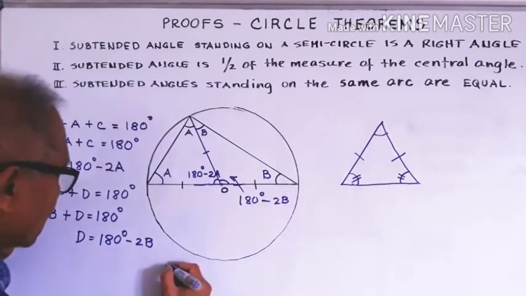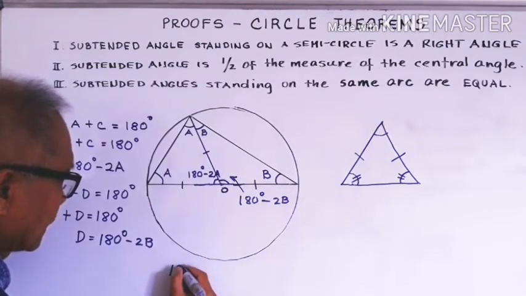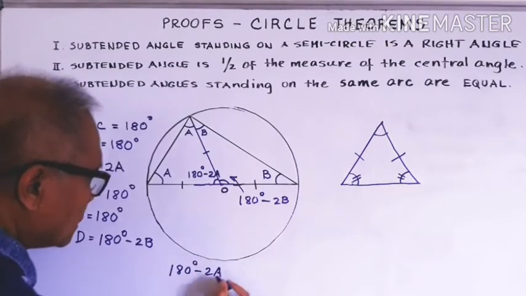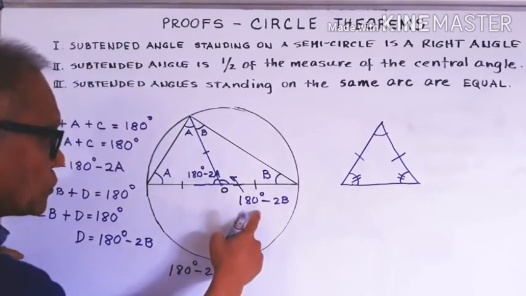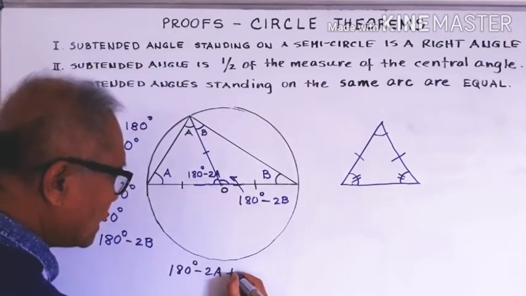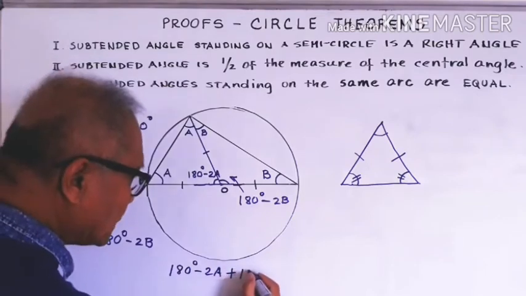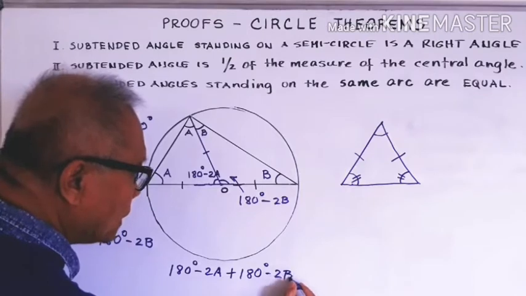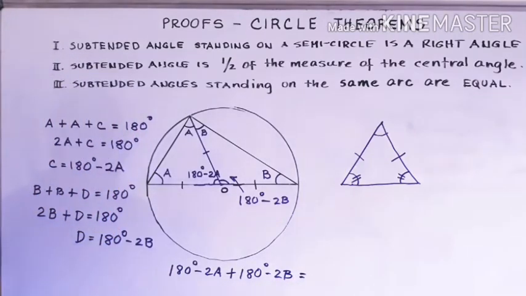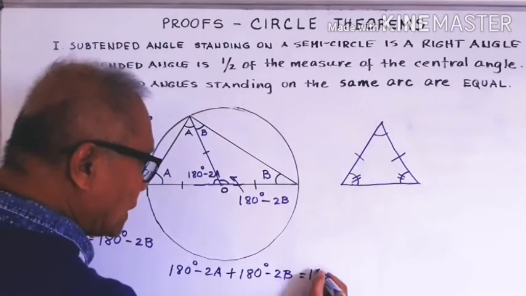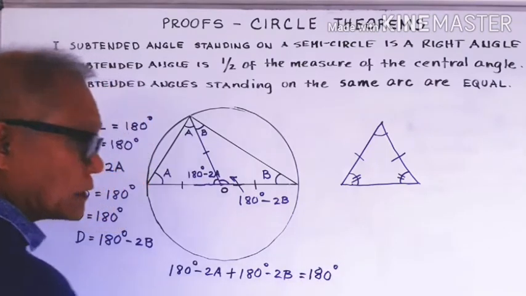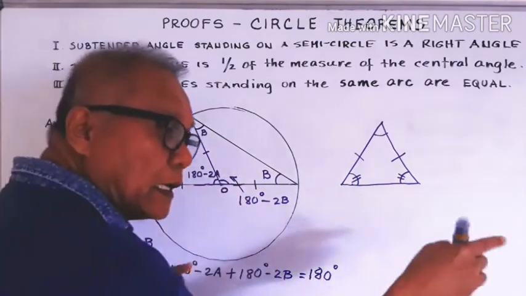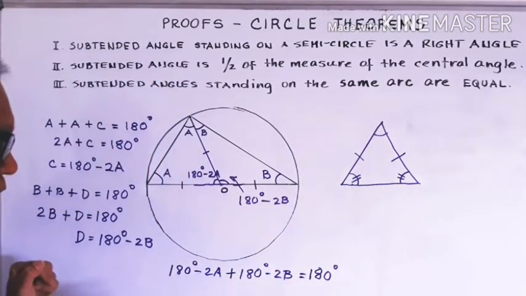Here we have 180 degrees minus 2A, then we add 180 minus 2B, and that is equal to 180 degrees, because this is a straight line.